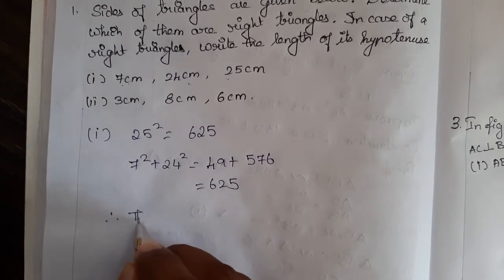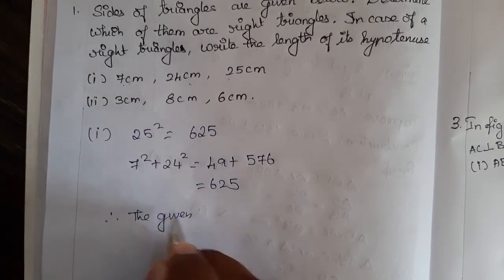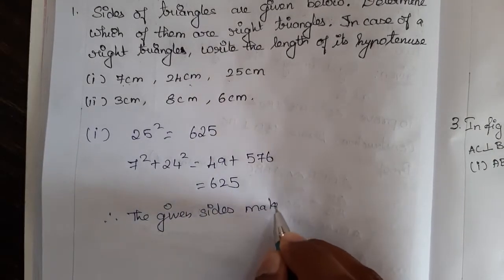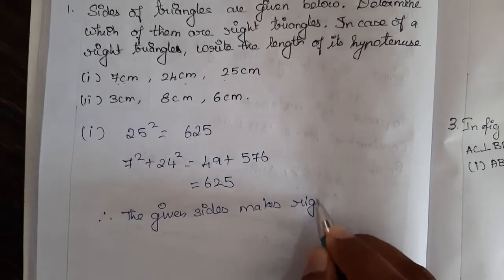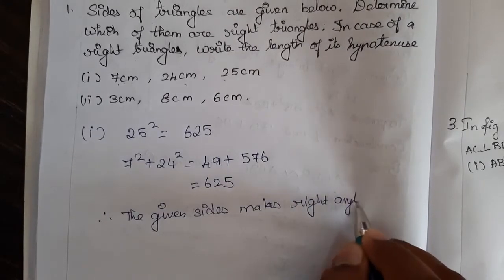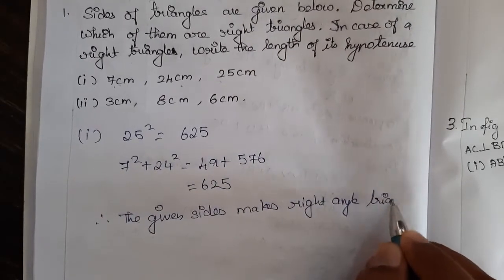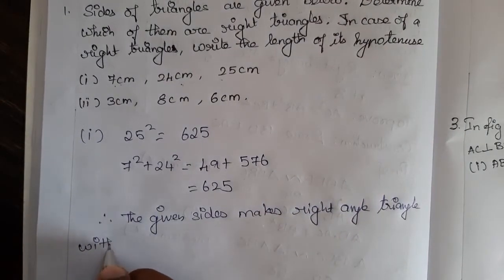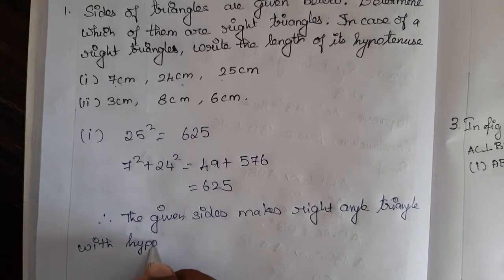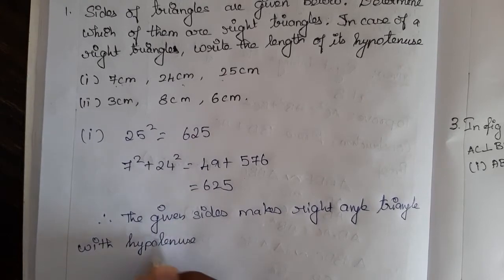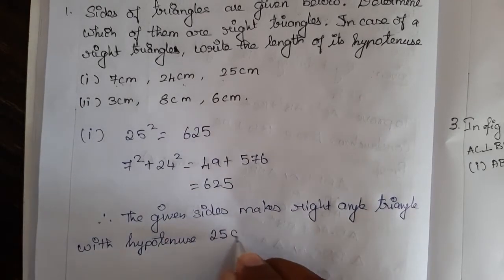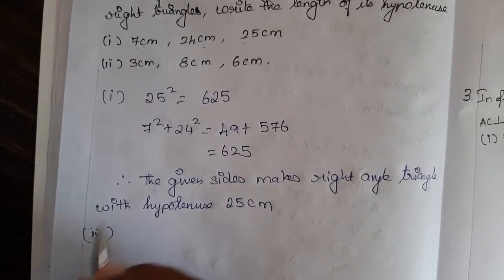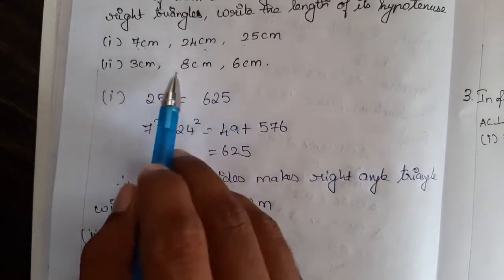Therefore the given sides make a right angle triangle with hypotenuse 25 centimeters, right?